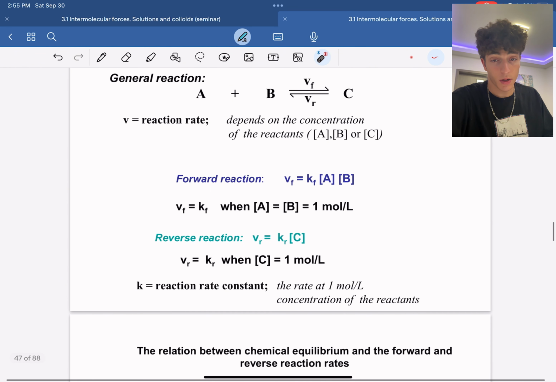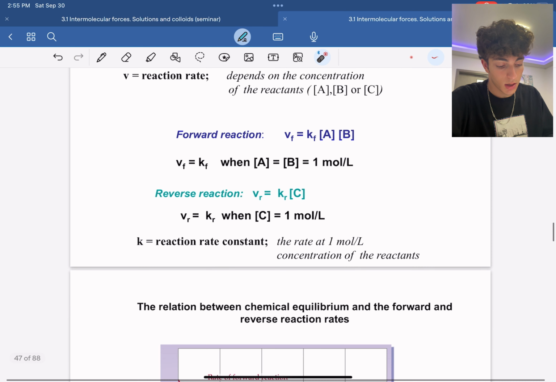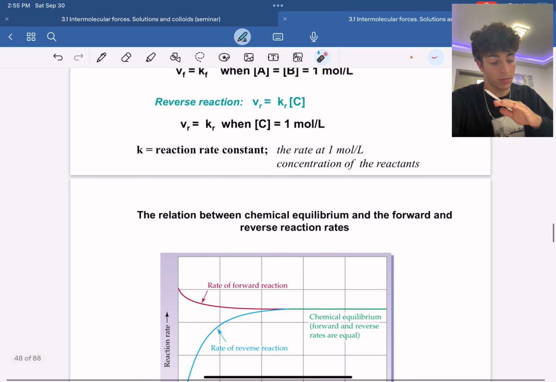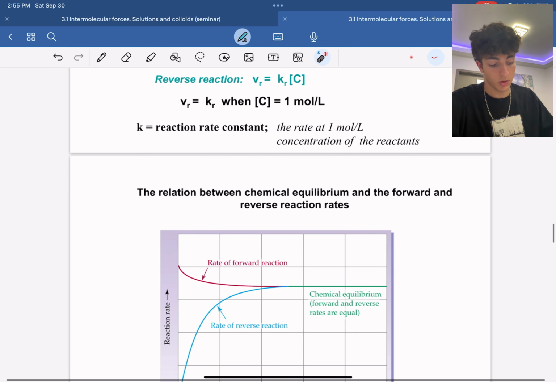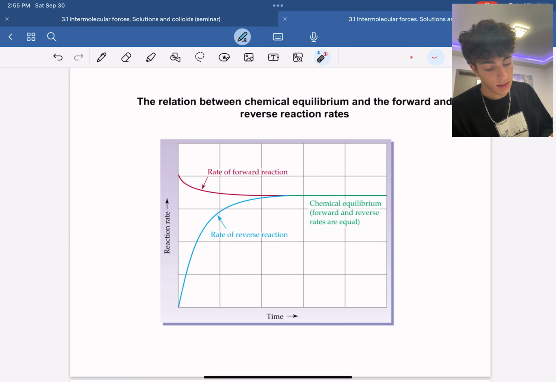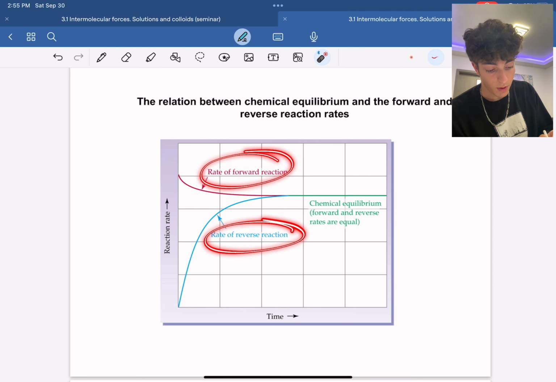These are going to be some terms that we're going to use in some chemical formulas and stuff like that. This stuff is very self-explanatory and you don't even need to think about it. We're going to get into it. These are some graphs about reaction rate and time. As we see the reaction rate, this is the reverse reaction, forward reaction.